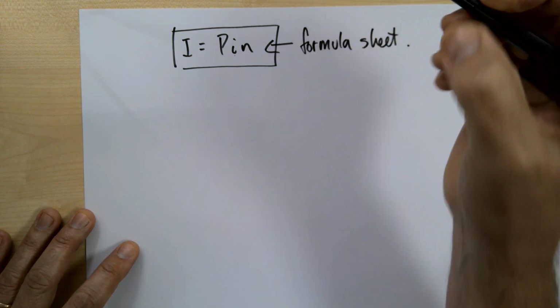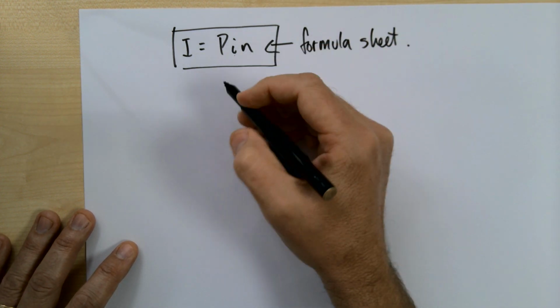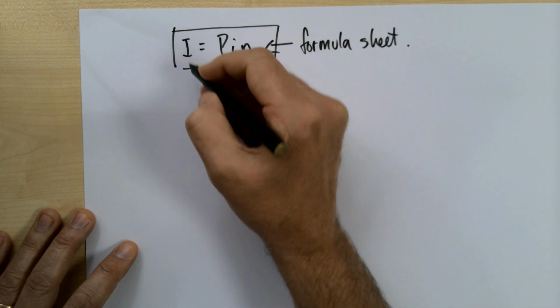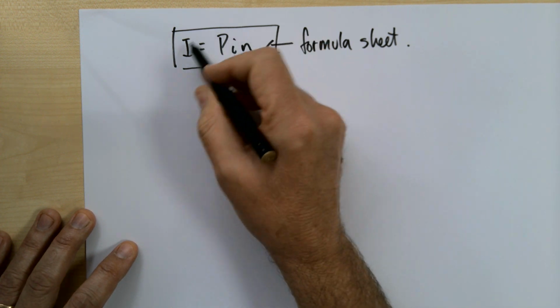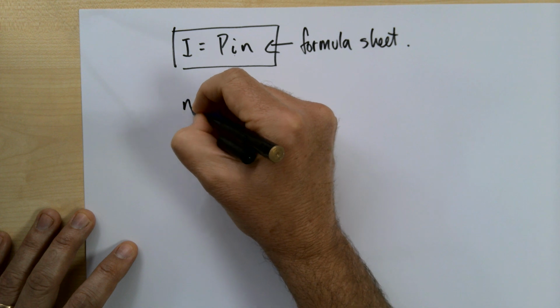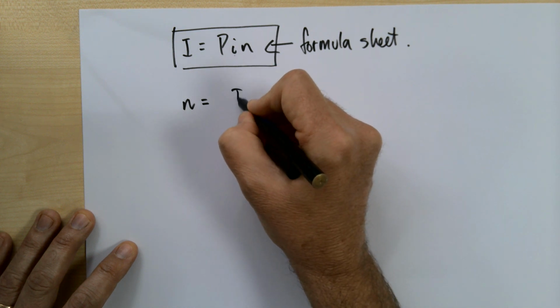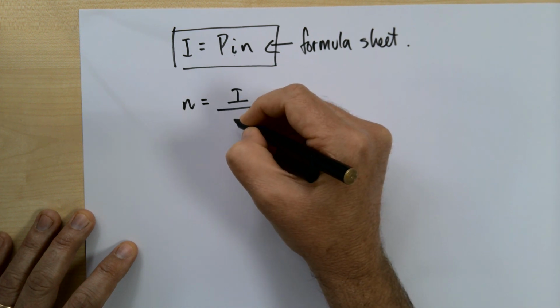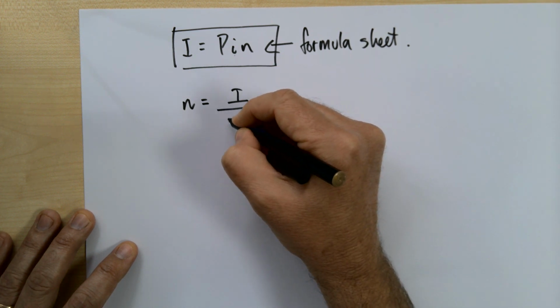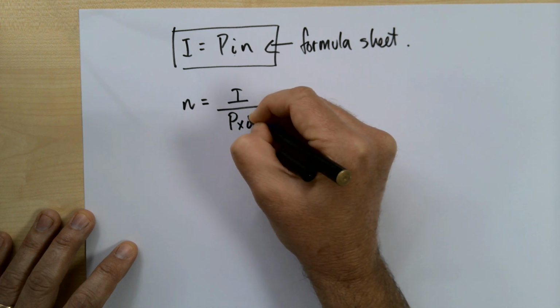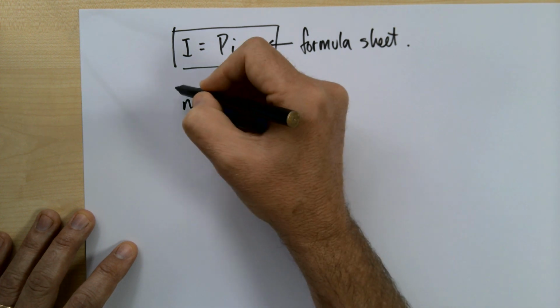The question is going to say, this is what happens when we juggle this around, if we panel beat this to find time. So time is capital I over P times I, okay?